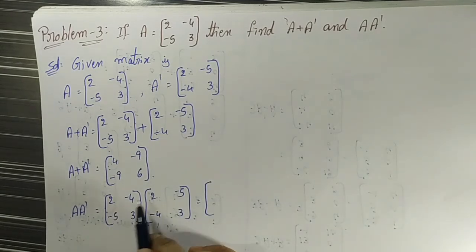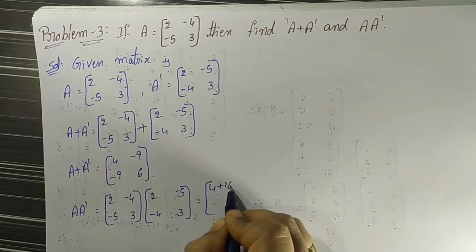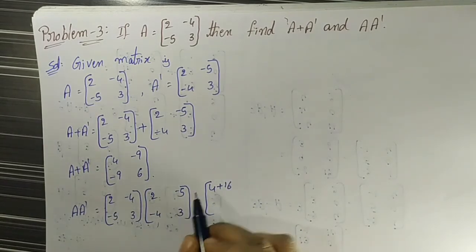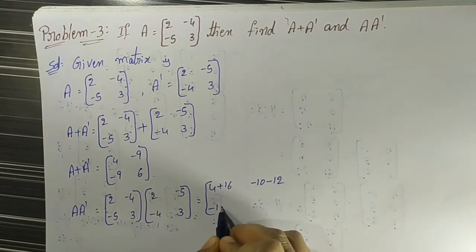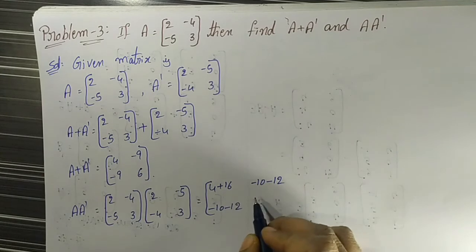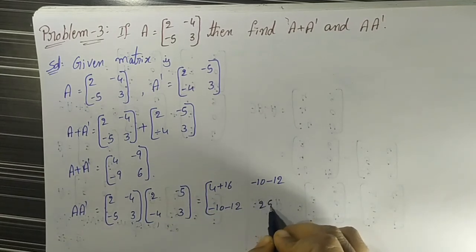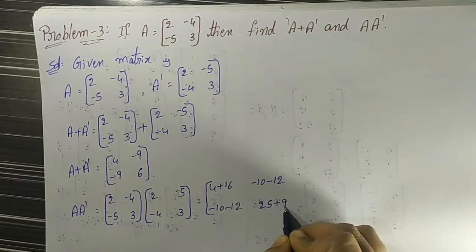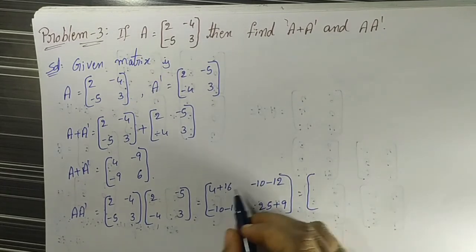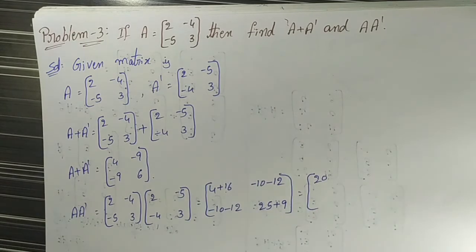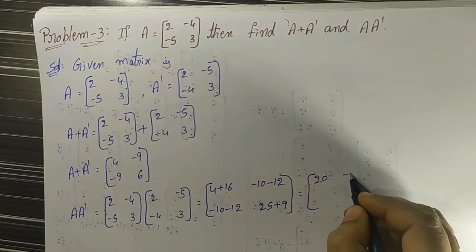Then that is equal to: first row, first column, 2 into 2, 4, minus 4 into minus 4, plus 16. First row, second column: minus 10, minus 12. Second row, first column: minus 10, minus 12. Second row, second column: 25 plus 9. That is equal to 20; minus 10 minus 12 value is minus 22.